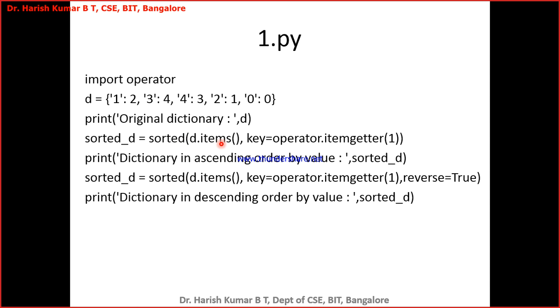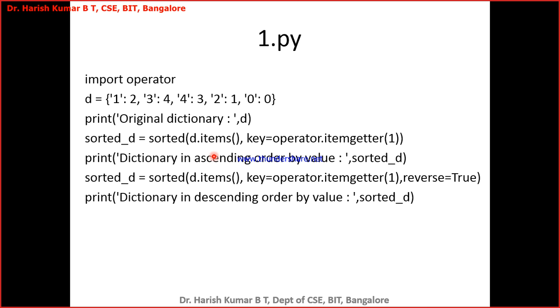If I want to access both key and value, then there is a method called items. In case you're interested in accessing only the keys, the name of the method is d.keys. d is the dictionary name, and you can invoke the method called values, which will get only the values from the dictionary.